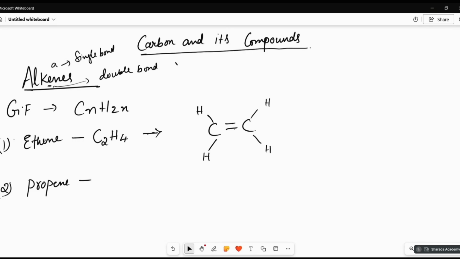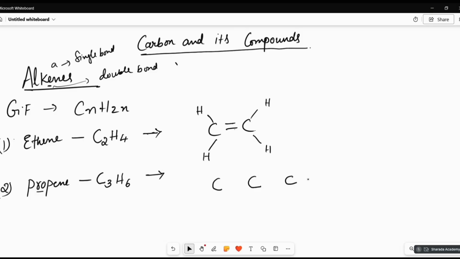Propene. So the general formula: prop means carbon atoms will be 3, so it is C3H6. Listen once here. Three carbon atoms will be there.